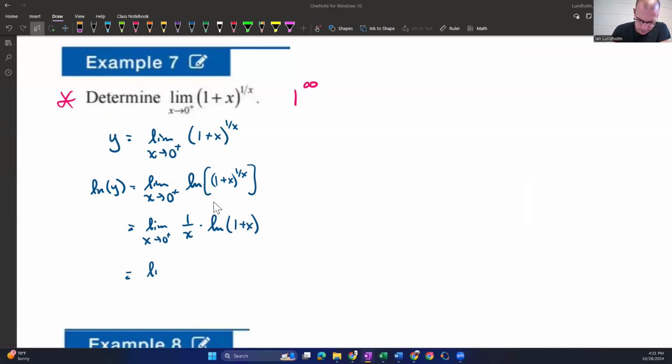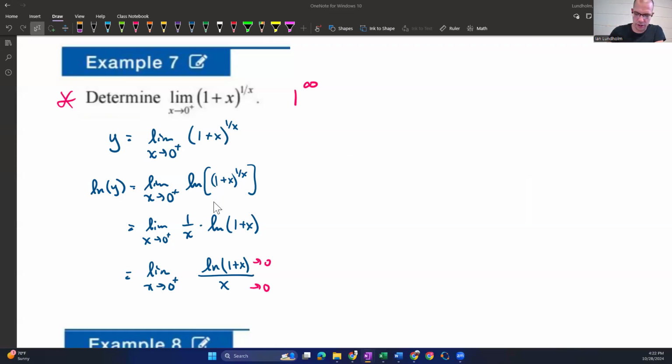And just to make it clear, we can write this as natural log of 1 plus x on top over x on bottom. And now we're in a nice fraction. If we put in 0 here, the top would go to 0 and the bottom would go to 0. Let's go ahead and do that real quick. Show that off. Nice. So we are in a L'Hopital's rule scenario.